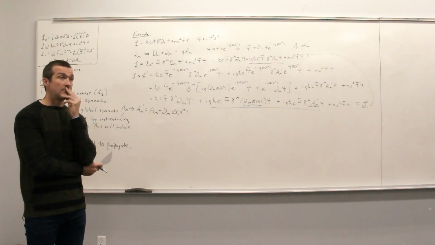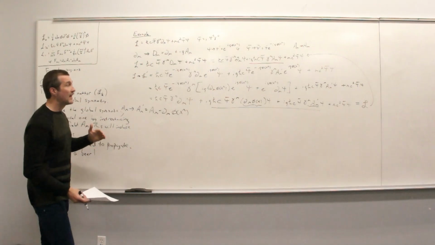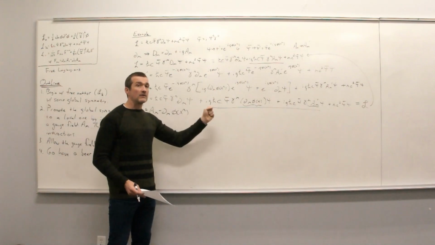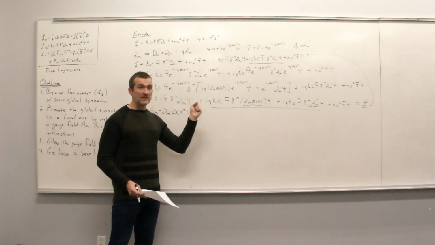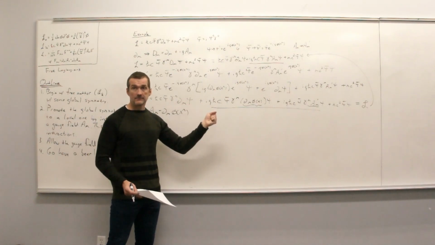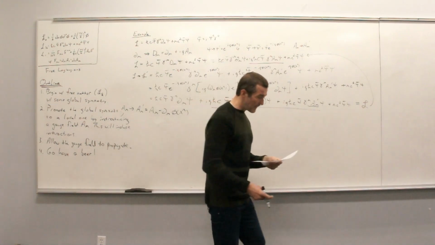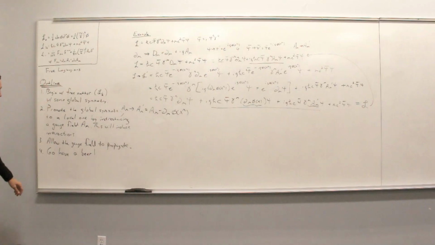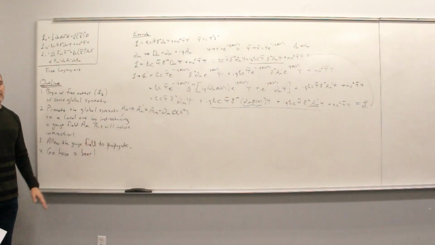That is the backbone of the argument that an interaction can be governed by an underlying local symmetry. All right. Well, now let's move on to step 3 and allow the gauge field to propagate.